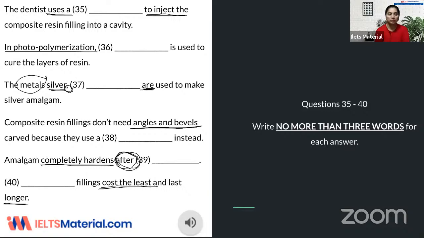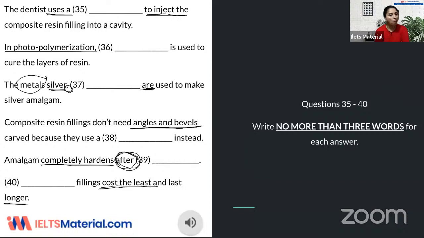After the final layer, the dentist then shapes the surface to match the natural occlusal surface of the tooth. Amalgam is used to fill the teeth in a similar way. Silver amalgam is a combination of silver, tin, and mercury, and is mixed in a machine in the surgery before being inserted. Remember, the composite resin arrives already mixed in a pump syringe.